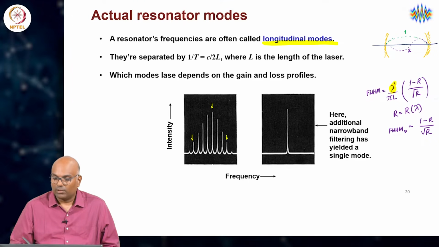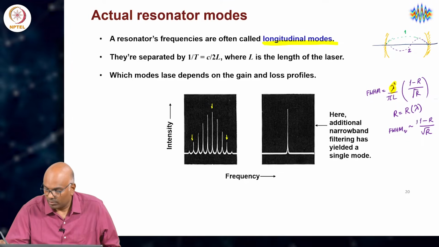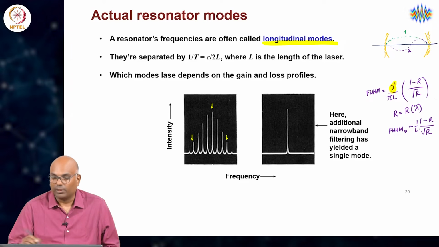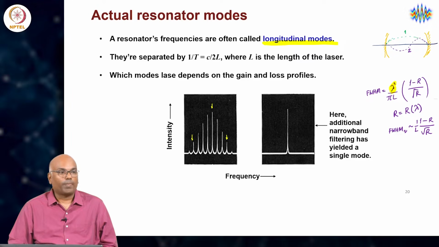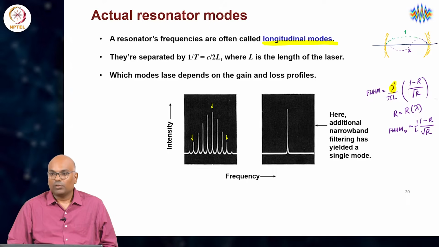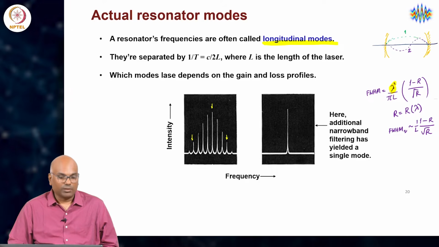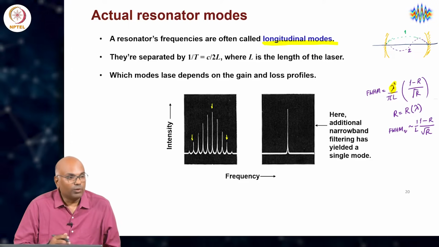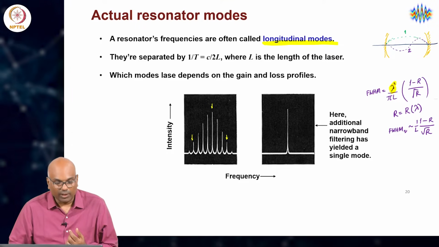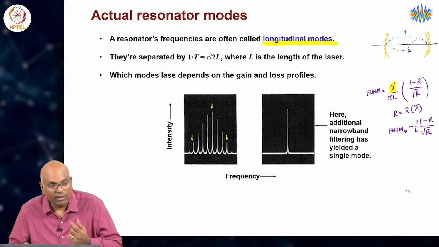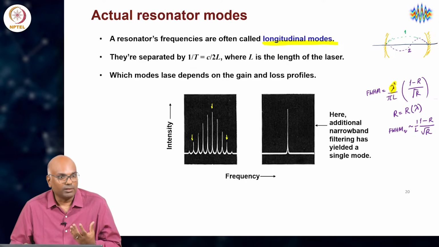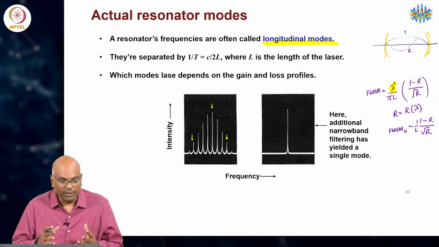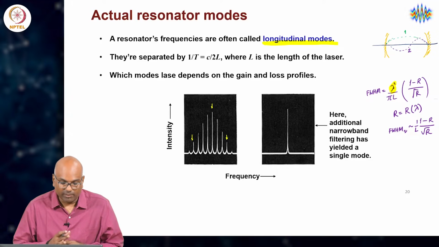Of course, it will also have a 1 over L dependence. So, it still depends upon the reflectance. So, as long as the reflectance is nearly identical, which over a typical narrow range that these resonators operate upon, we can consider the reflectors to be nearly having the same reflectivity.